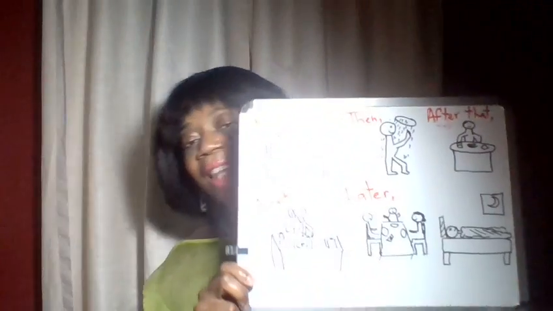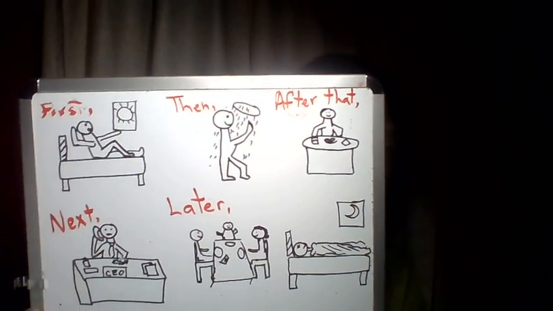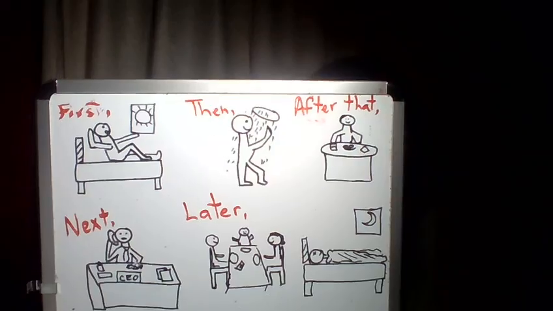Next, Bob goes to work at his office. Later, he has dinner with his family. And finally, he turns in for the night.